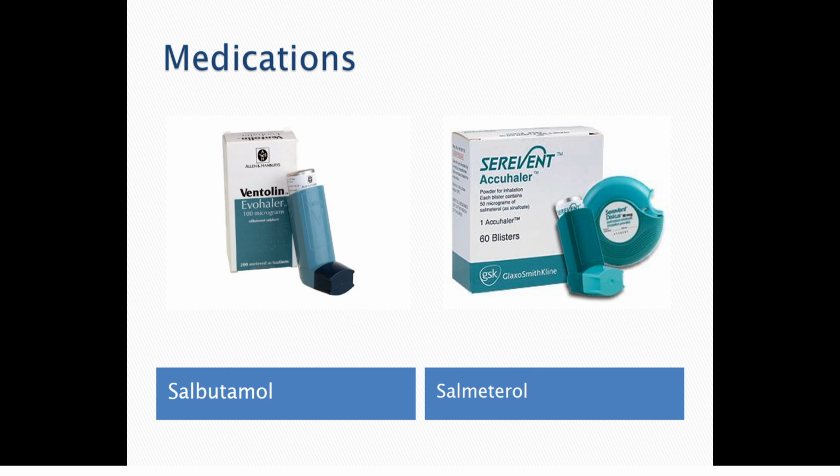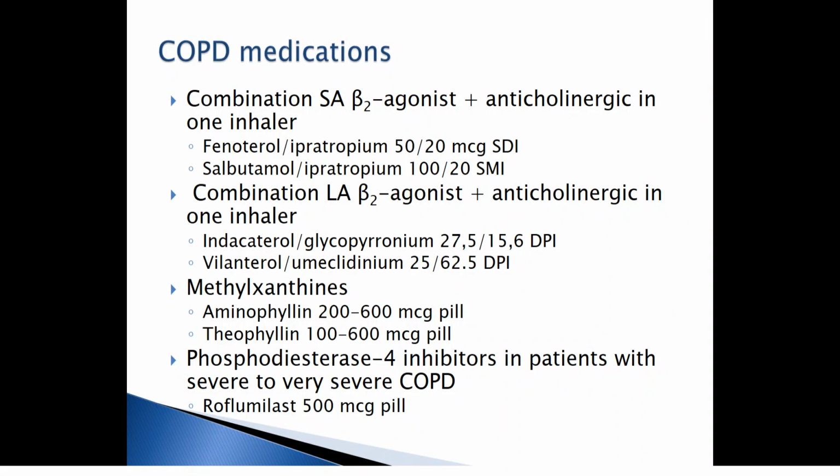And for beta-2 agonists, also old, salbutamol, one of the common company names is Ventolin, and salmeterol, Serevent. There can also be a combination of beta-2 agonist and anticholinergic. I told you that in stage B and especially C, always a combination of beta-2 agonist and anticholinergic.